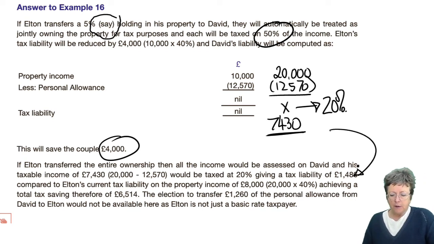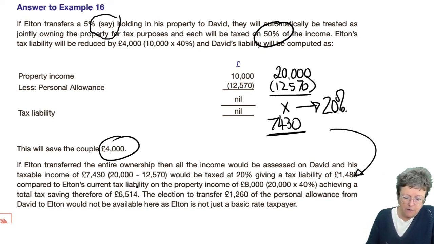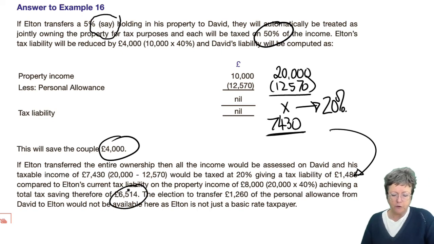Compared to Elton's current tax liability on the property, which is £8,000, achieving a tax saving of 6,514.